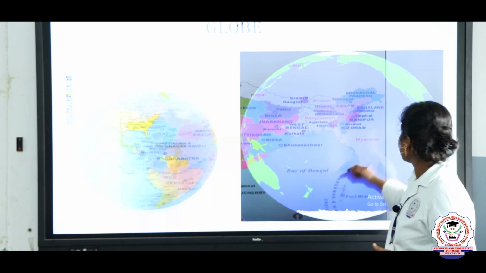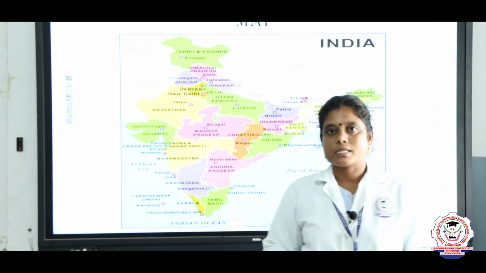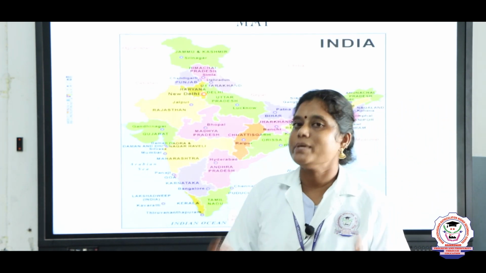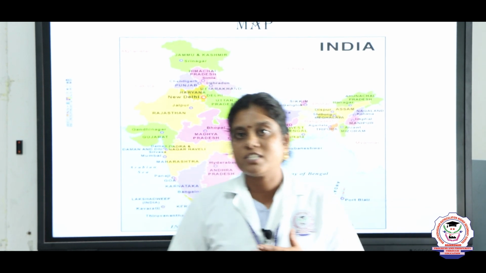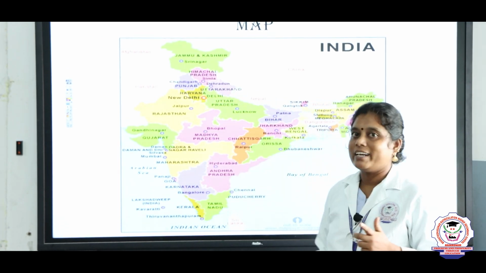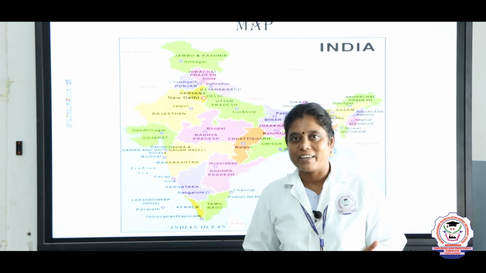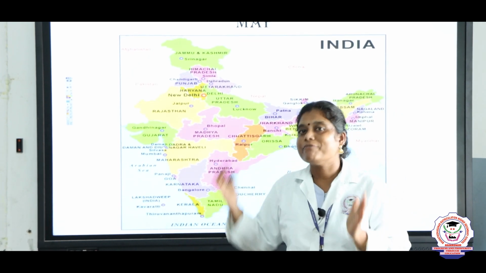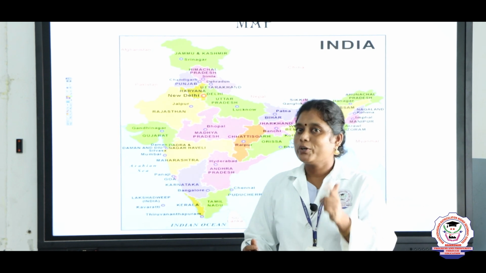And next, map. What is a map, children? A map is a representation on a flat sheet of paper. So once again, what is a map? A map is a representation on a flat sheet of paper. Good.